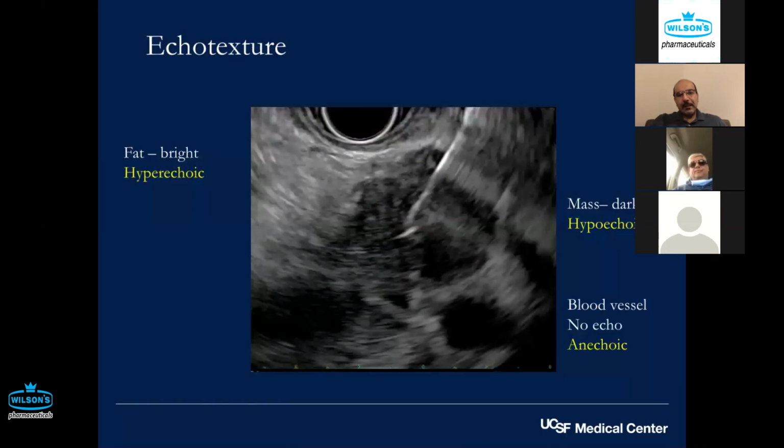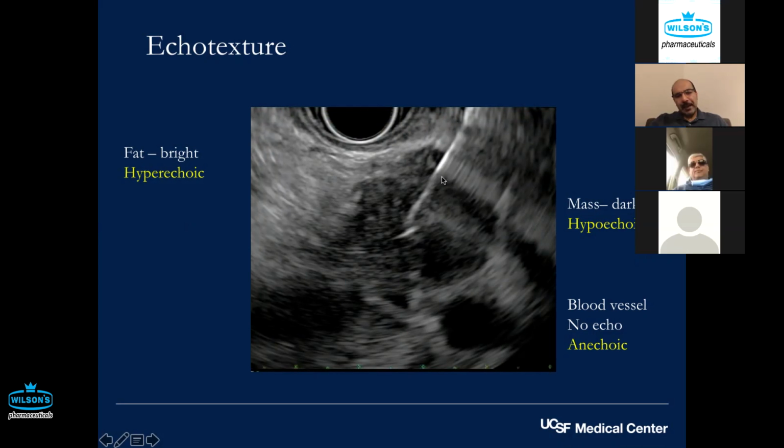If you take this example of a pancreatic mass, you can see that the peripancreatic fat, which is to the left of the screen, is brighter. The scatter pattern is such that it's going to be different. Fat will show up bright, and in terms of echogenicity we term this hyperechoic.